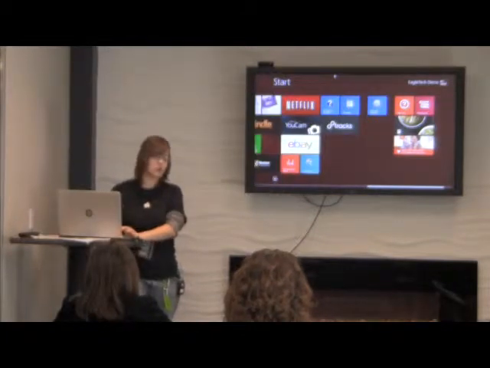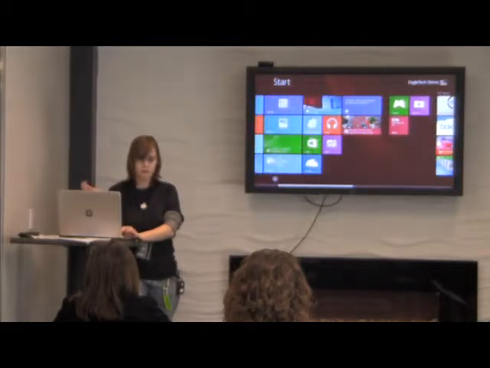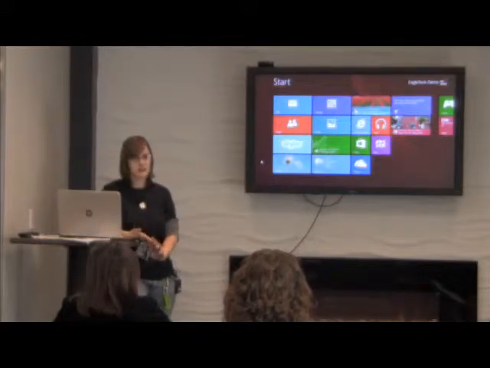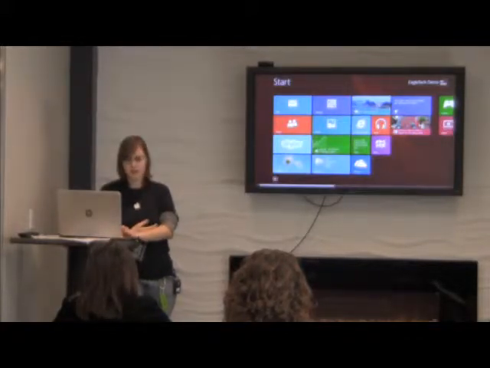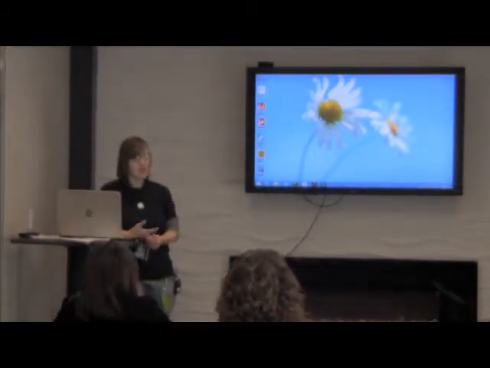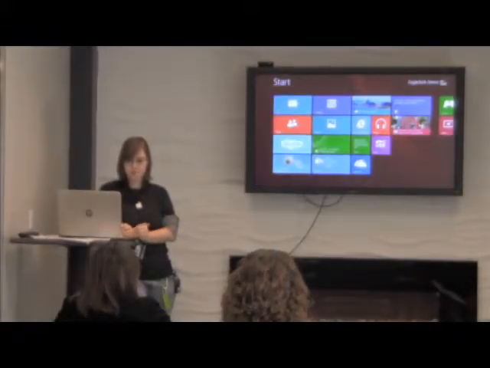With Windows 8.1, they did add, due to requests from consumers, a button that allows you to get back to your Start menu. This is also accessible by pressing the Windows key. There's a little Windows key right here on the keyboard. You can press that and it'll allow you to switch between your last opened application, which for us was desktop, and your Start menu.